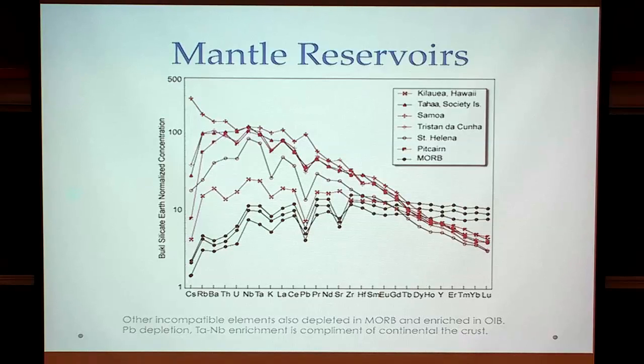But certainly Kilauea is not a really small extent of melting, and it still is somewhat incompatible element enriched. I think mostly, and the isotope evidence also suggests, that mostly these things have been enriched. There's been some process which has put back the incompatible elements into them.